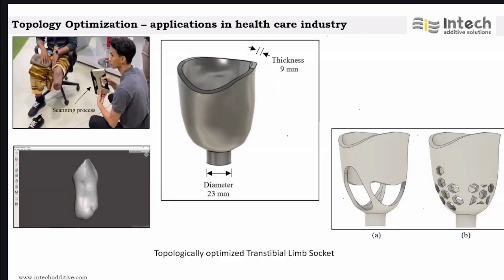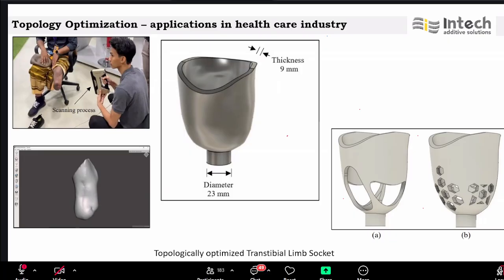Okay, so you have two different materials, right? PEEK and titanium. One is the polymer, the other one is metal. So it's a tricky question. And I believe it's not possible in a single 3D printing process.